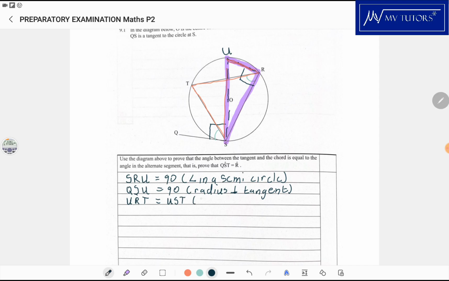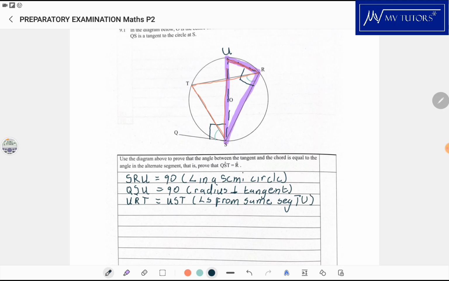Why? Because angles from the same segment, or same chord, are equal. And what's that chord? TU.